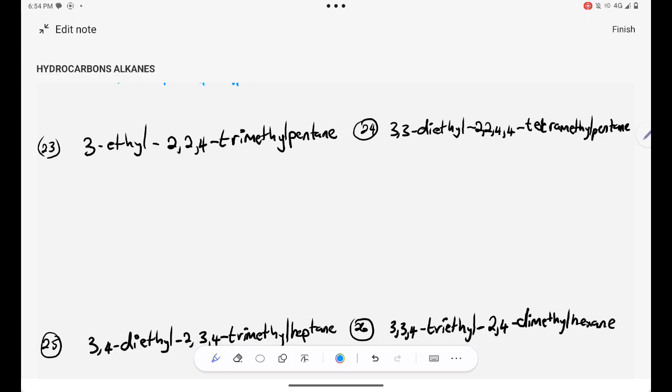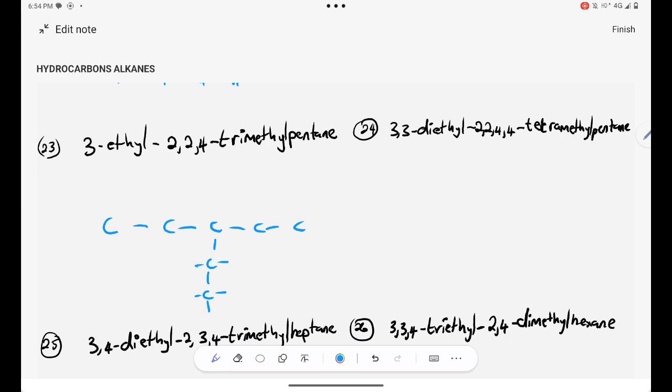Okay, and then number 23, I have 3-ethyl-2,4-trimethylpentane. Firstly, I must draw the structure of my parent chain. This tells me about the parent chain, right? Parent chain has 5 carbons. I'll simply say 1, 2, 3, 4, and 5. And then at carbon number 3, I have an ethyl. It has an ethyl.